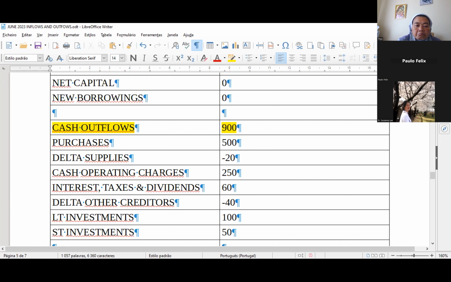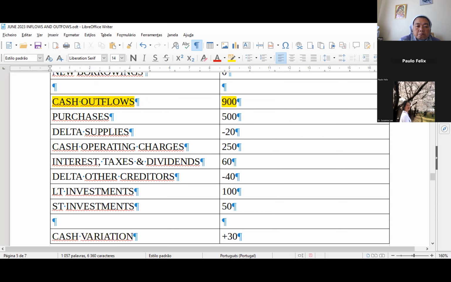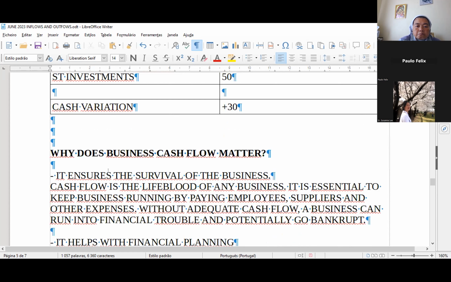So in this case, when you are making money, this is good because it keeps the business running, as we saw at the beginning. The cash is the lifeblood of an organization or entity. So why does business cash flow matter? It ensures the survival of the business.